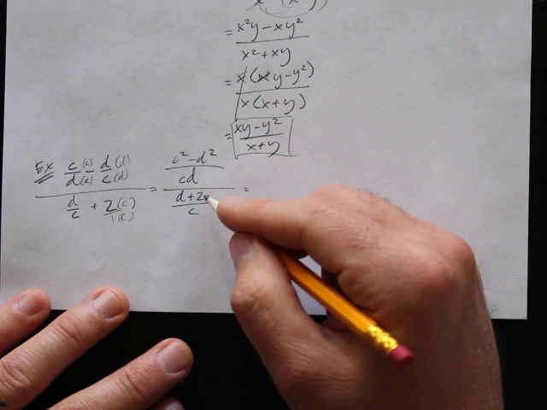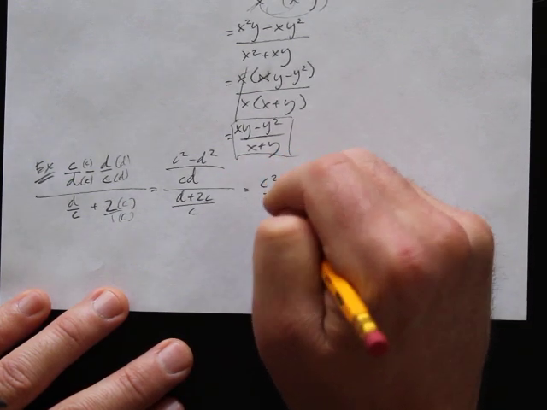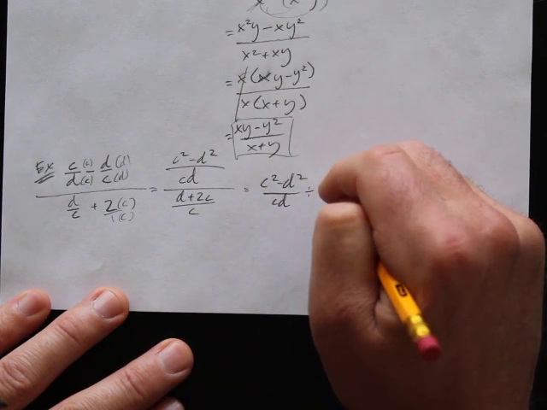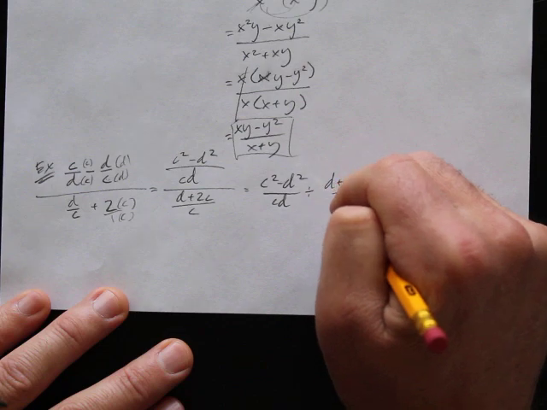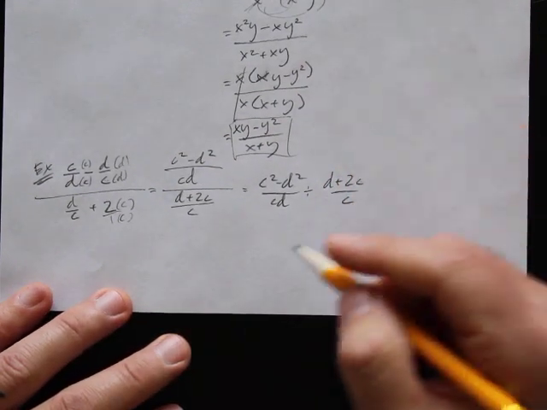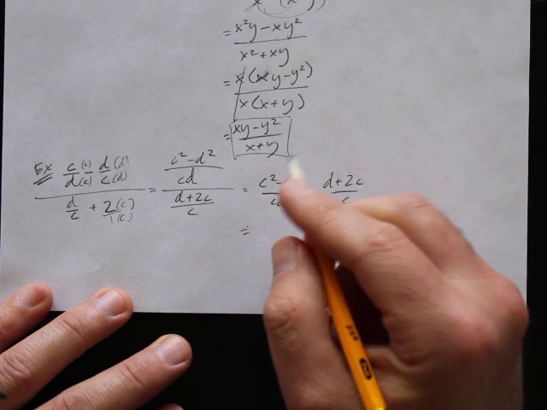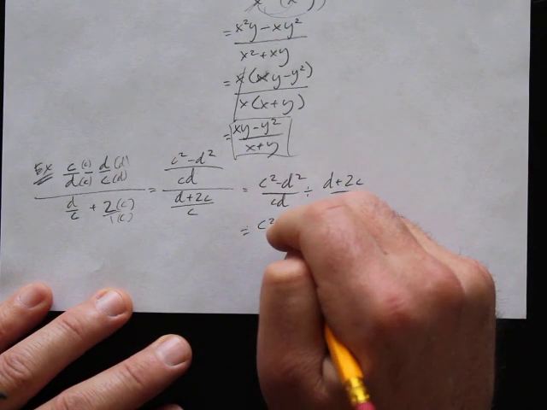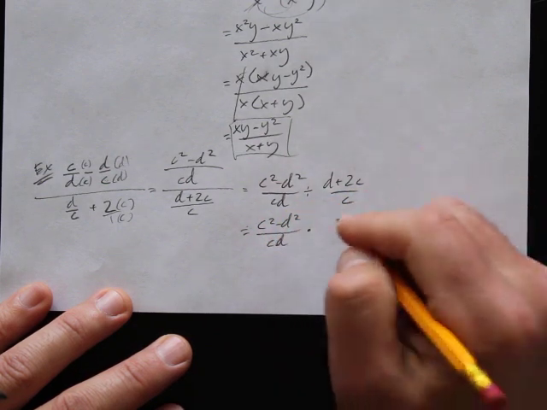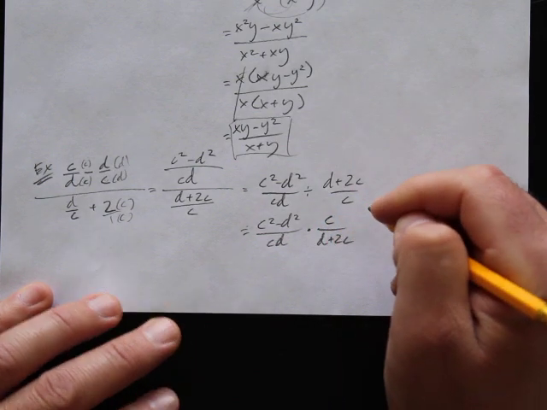Now I'm going to rewrite this as C squared minus D squared over CD divided by D plus 2C over C. I'm going to flip these two. So I've got C squared minus D squared over CD times C over D plus 2C.